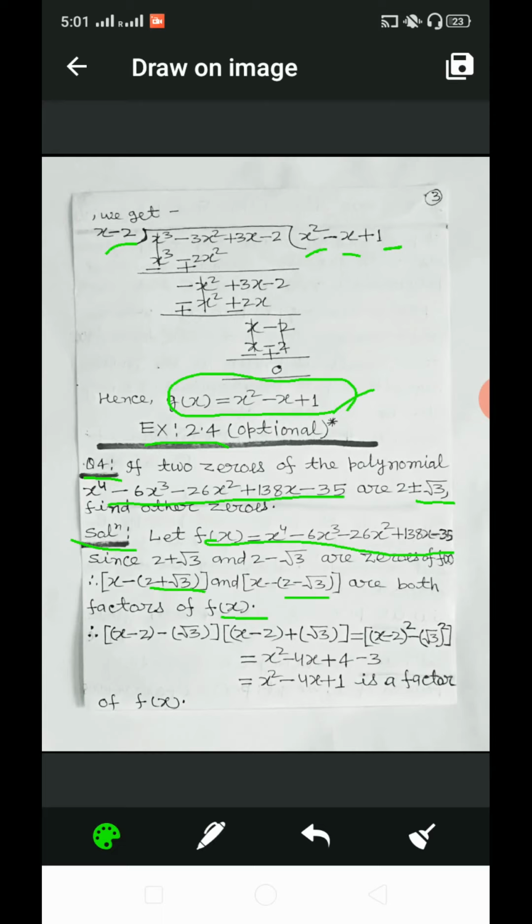Using the identity a minus b into a plus b equals a square minus b square, this is equal to x square minus 4x plus 4 minus 3, and finally we get x square minus 4x plus 1, which is a factor of f(x).